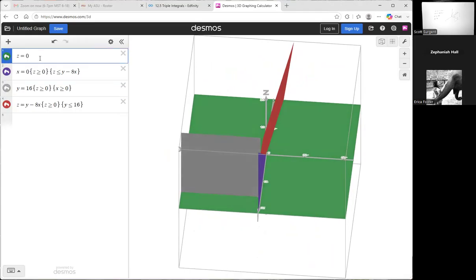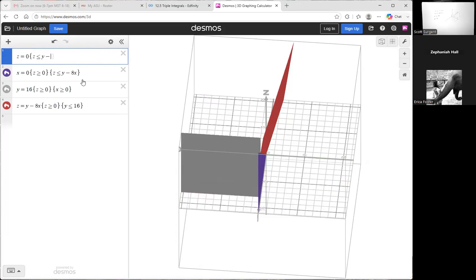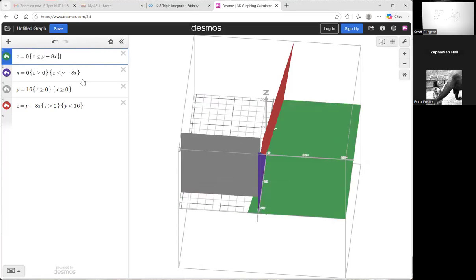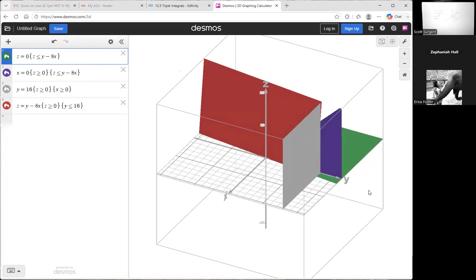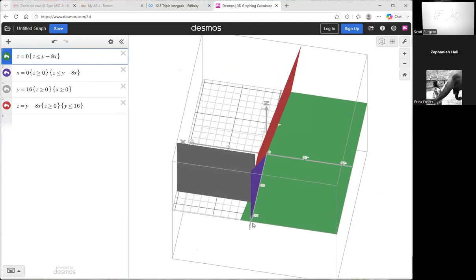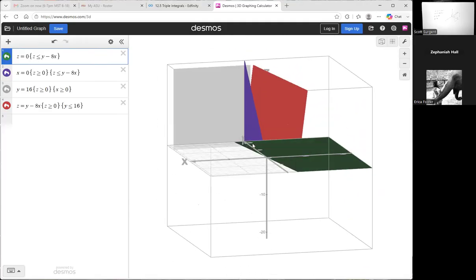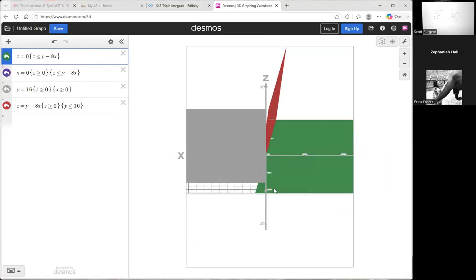Z is zero, that's the YZ plane. So again, let's try the bound. Z is less than Y minus 8x. Yeah.